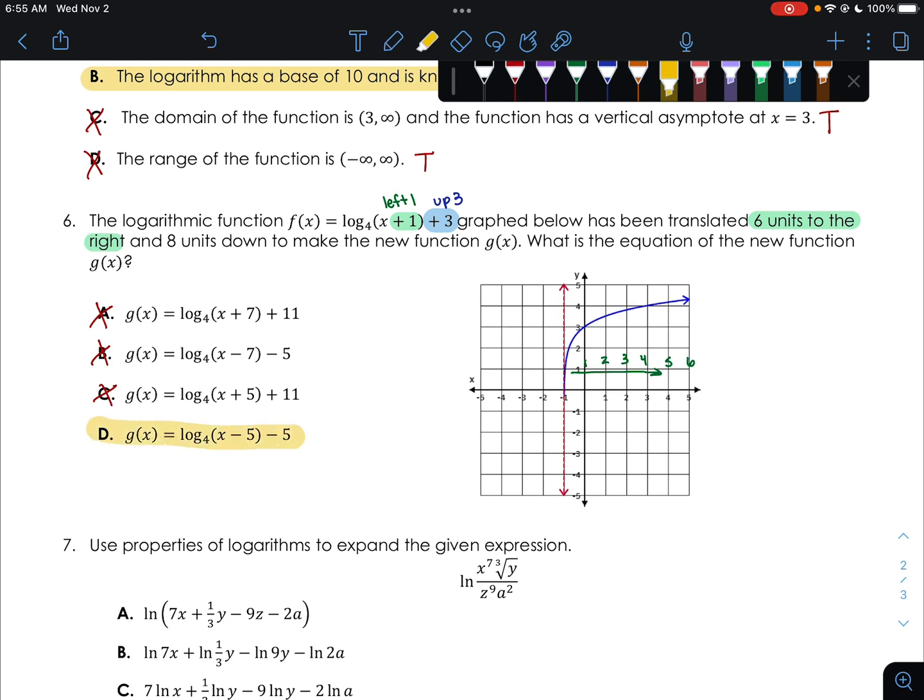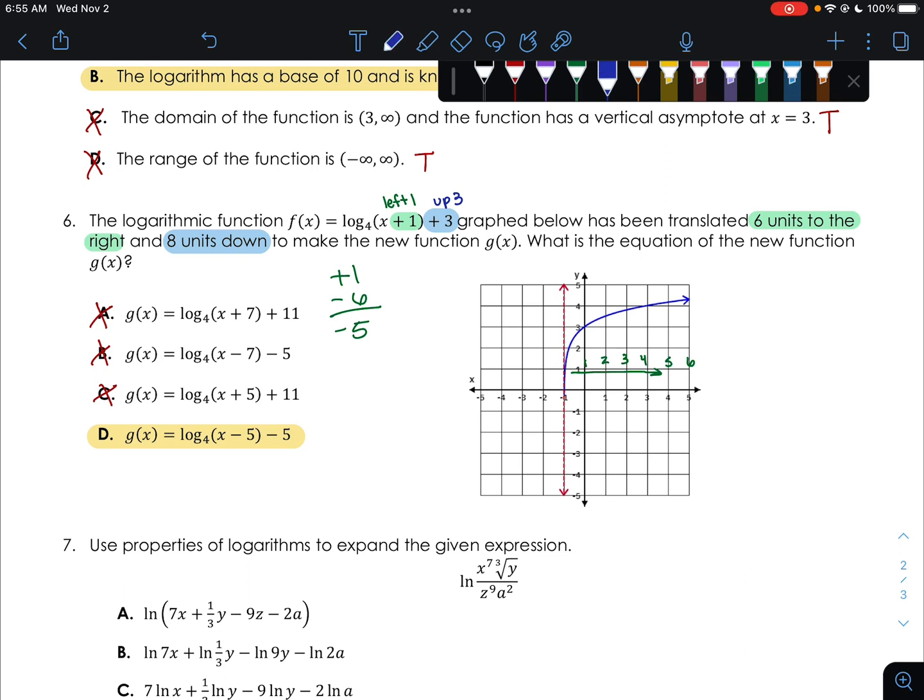But we're still going to talk about it. Okay, now if we think about it the other way, if we have +1 and we subtract 6 from it, that does give me that -5. Okay, then it also wants to go 8 units down. Okay, 8 units down, it's currently 3 units up.